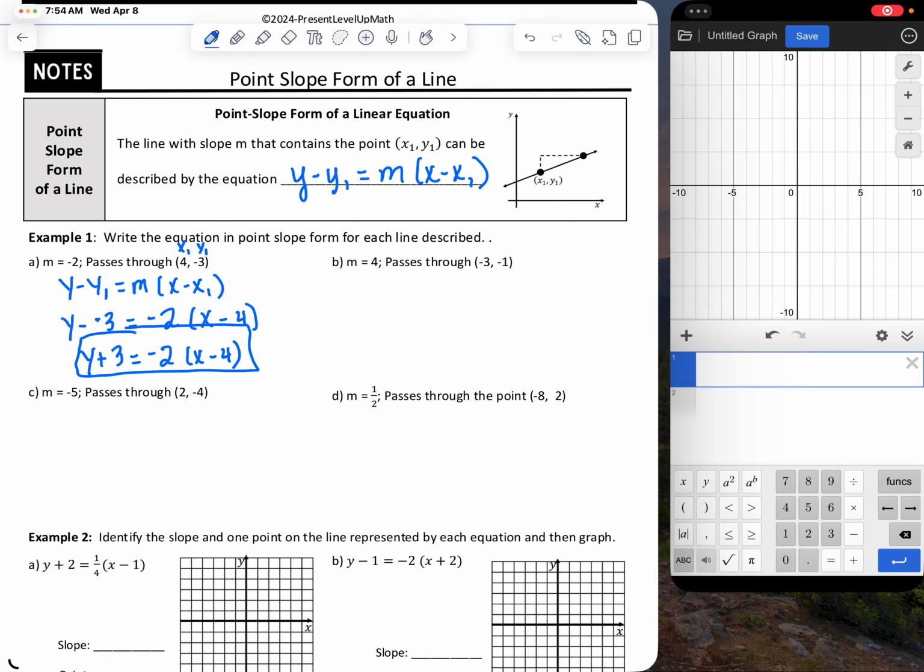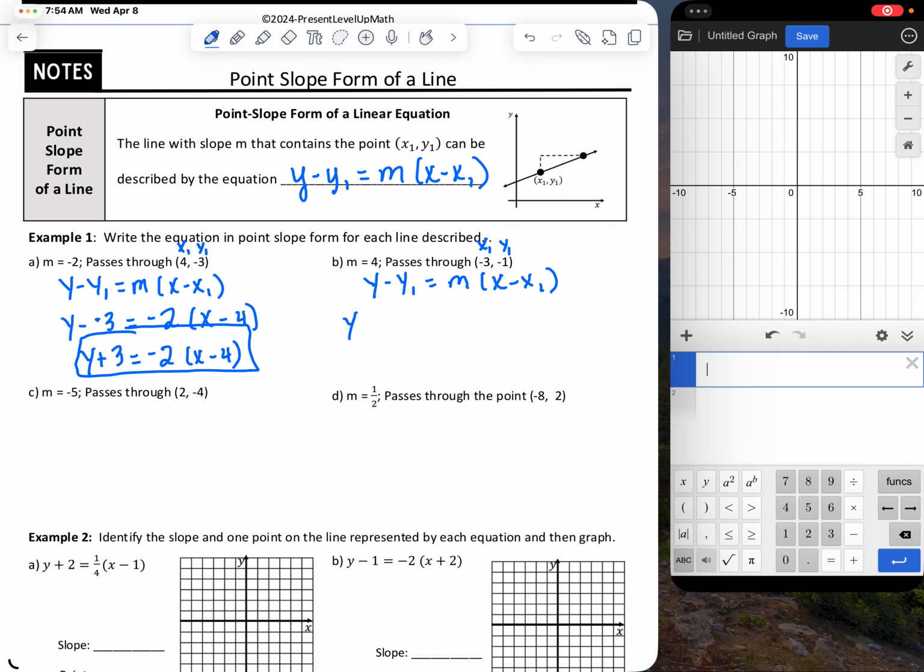All right, problem B. We have a slope of 4, and it passes through the point (negative 3, negative 1). So we'll write down our formula, y minus y sub 1 equals m times the quantity x minus x sub 1. In this problem, our x sub 1 is negative 3 and our y sub 1 is negative 1.